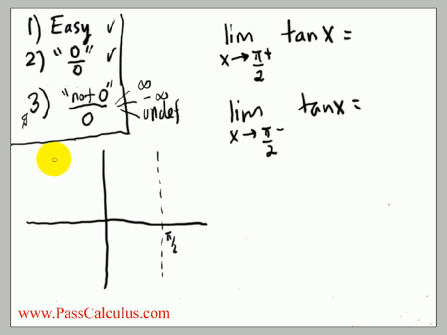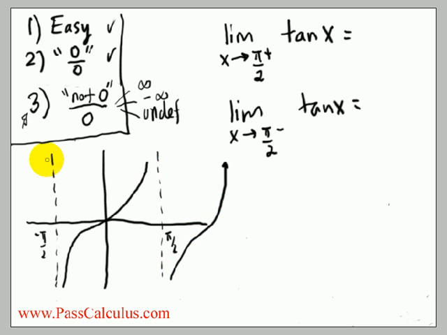And then at minus pi over 2, we have an asymptote. And the graph kind of looks like this, and then it just keeps repeating, forever on. Like that.